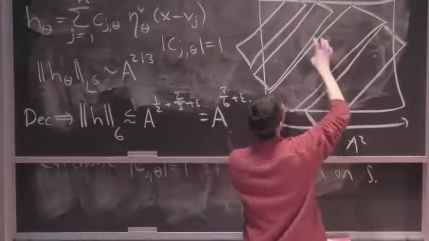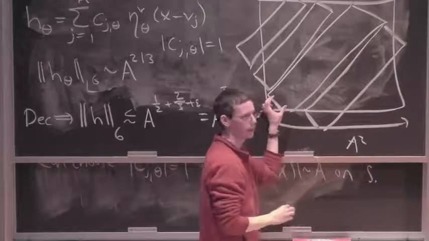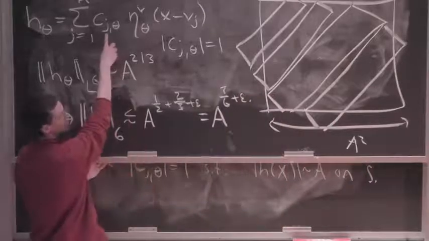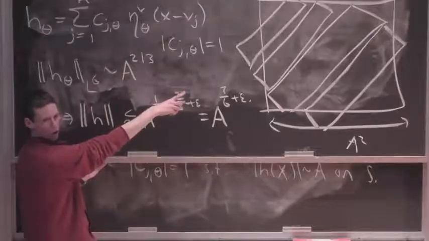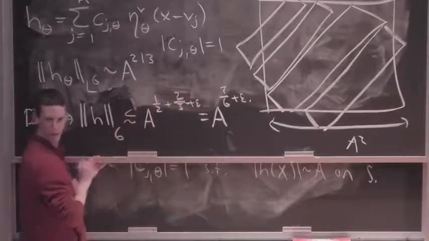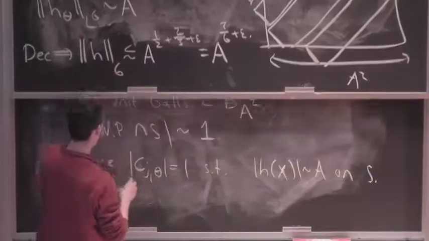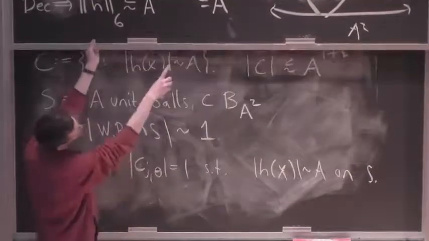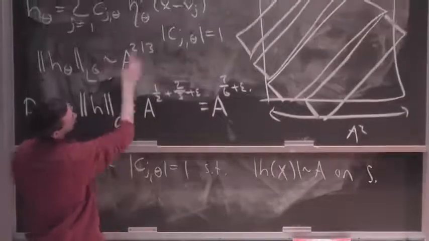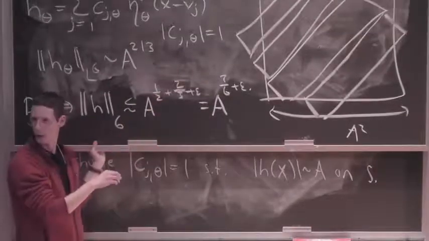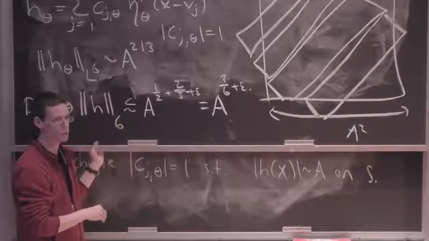I look at all of the wave packets that go through that red point, and I tune the coefficients of those wave packets so that they all align. They're all, say, all positive at that point. And because of this condition, a typical wave packet is only going through one red point, so I only have to choose each coefficient once.